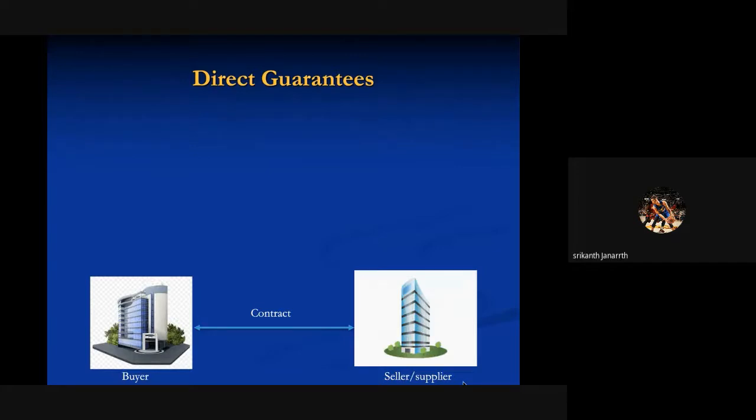So what is happening here? Remember, a guarantee is not required when you do a transaction in cash. Whenever there is an obligation, a commitment, a credit period, the guarantee comes in. Now there is an obligation here. Nestle, the seller, says, okay, I will give you 1 million worth of goods on a credit basis.